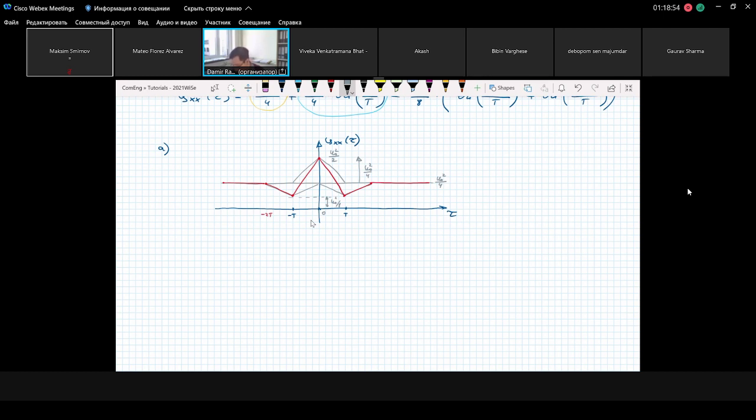Because you remember that if you take the autocorrelation function and find the value at 0 delay, this value corresponds to the second moment, to the variance of your random process. So the second moment is nothing else than the autocorrelation function at 0, and it equals u0 squared over 2.